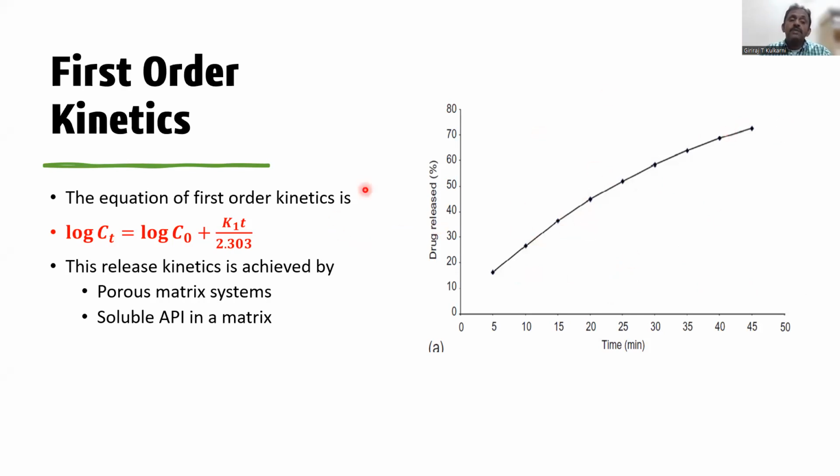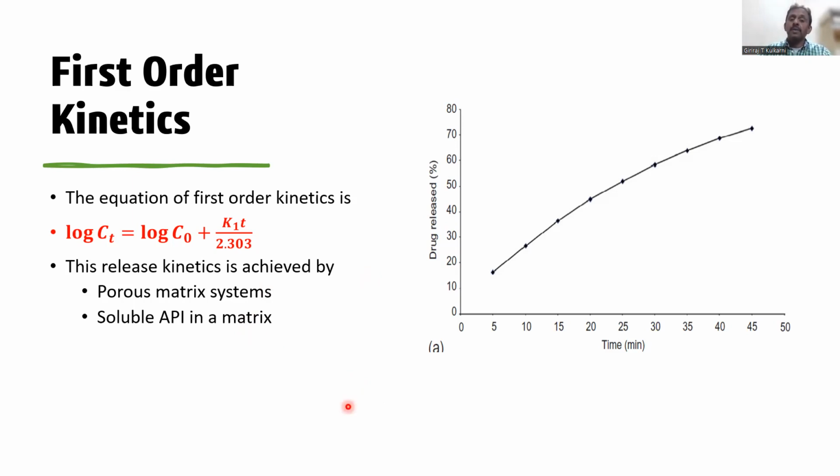The equation for first order kinetics is log Ct = log C0 + K1t/2.303. Here, Ct is the concentration at any given time t, C0 is the concentration at time 0, and K1 is the first order release rate constant. But here we have to keep in mind where we have to apply this first order kinetics.